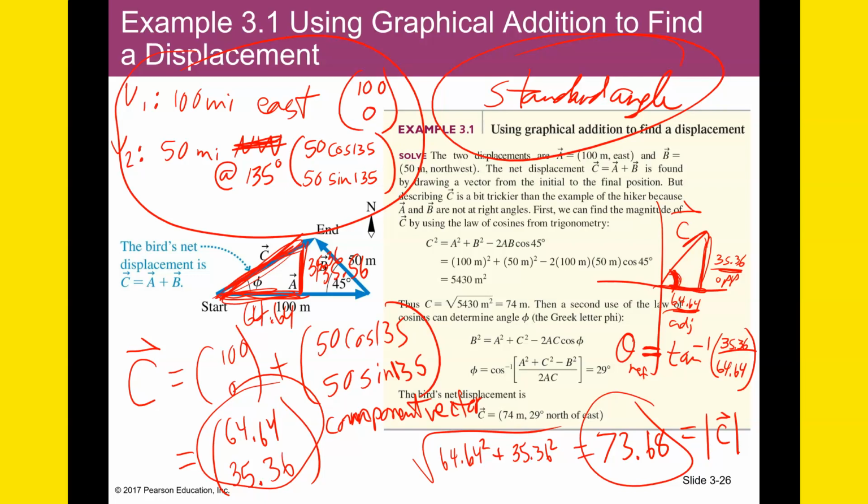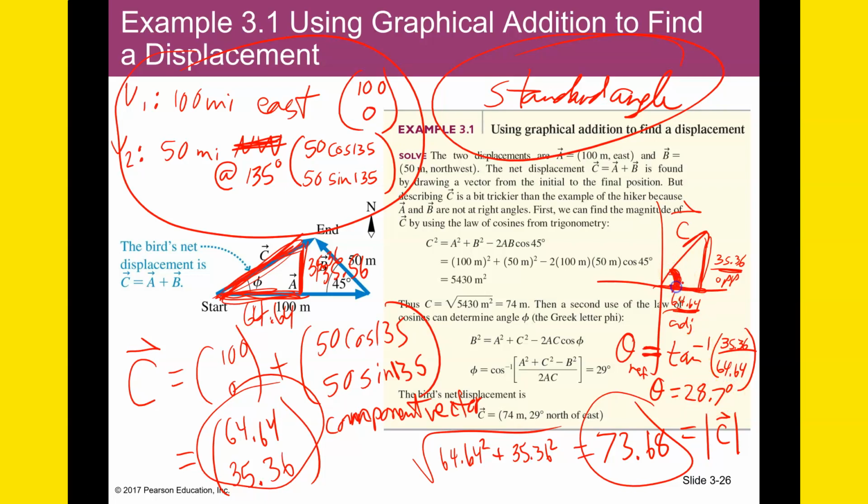So no problem. If we weren't in the first quadrant, we would have to do a little bit more thinking to go from the reference angle to the standard angle. Let me do this on my calculator. Arctan of 35.36 divided by 64.64. I get 28.6, basically 28.7 degrees. So theta equals 28.7 degrees.